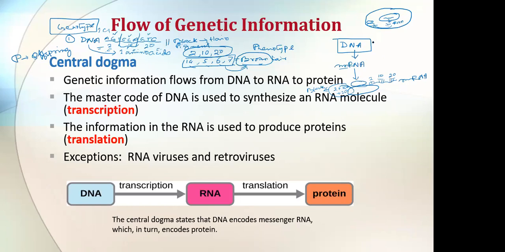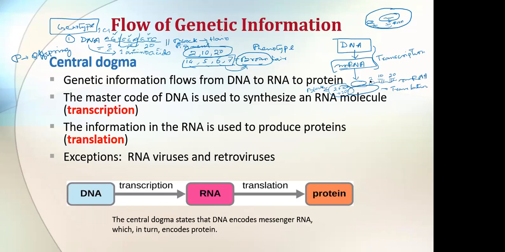Basically, in the first step, the cell makes messenger RNA, or you can say an RNA copy of the DNA, and this process is called transcription. That's the transcript of DNA. And the process when the ribosome makes protein from messenger RNA is called translation.